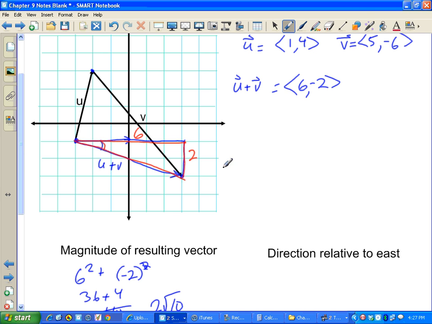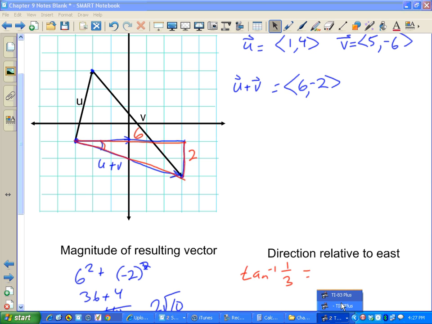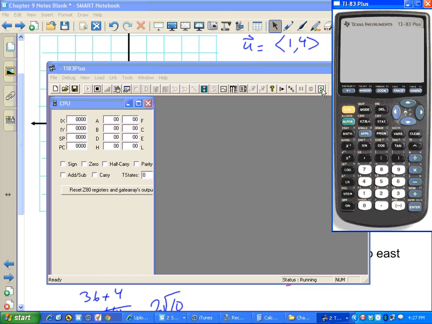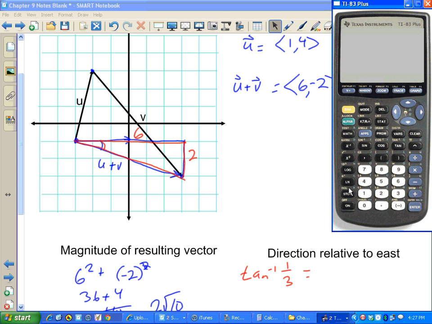So I've got tangent. I'm going to do tangent inverse of opposite over adjacent. So 2 over 6, which is the same as 1/3. So I want the tangent inverse of 1/3.